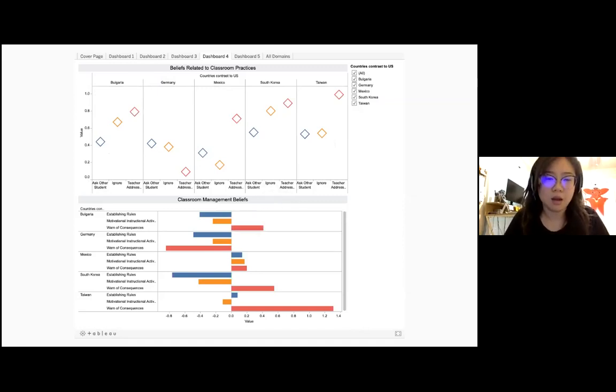We can see that the consequences type of classroom management belief is much stronger in some countries, such as South Korea and Taiwan, versus Germany and Mexico or Bulgaria. So, going back to that story that Milushka was trying to tell us earlier about some of the systematic differences among the countries and how teachers view their roles and also the way they organize students' activities differently, these numbers tie back to that story that we described earlier.